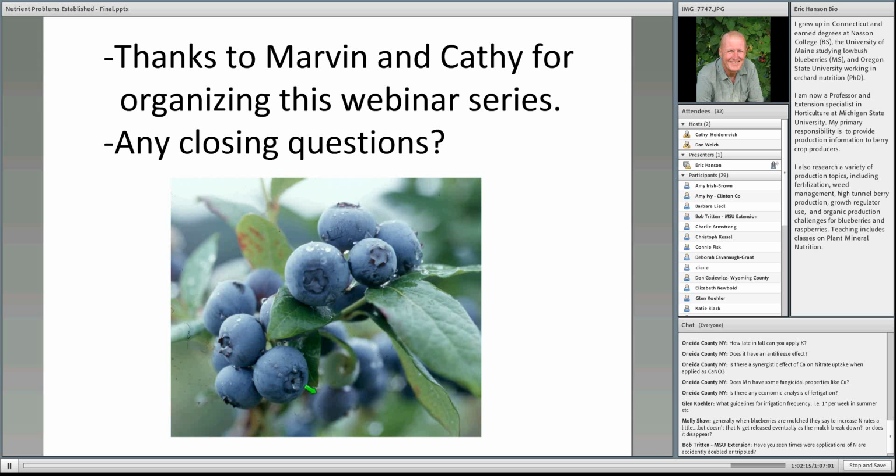Question: generally, when blueberries are mulched, they say to increase nitrogen rates a little, but doesn't that end up getting released eventually as the mulch breaks down, or does it disappear? That's another great question. In a perennial cropping system like that, over time you would eventually get to equilibrium where the nitrogen supplied the prior year will be partly released through microbial decomposition of the older materials.